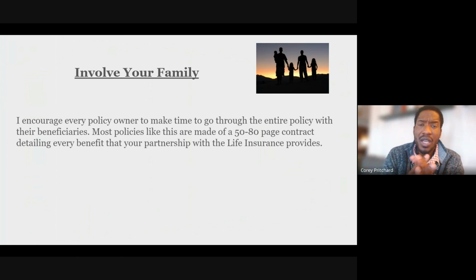So if you don't do something that you were supposed to do in your contract, they're going to hold you to it. One of those things, most people don't know this. It's something I had to find out a few years ago the hard way. Whenever a policy is actually issued, any life insurance policy, no matter what the policy is, if something happens within the first 24 months, the first 2 years of that policy, the life insurance company can go back and do a full underwriting.